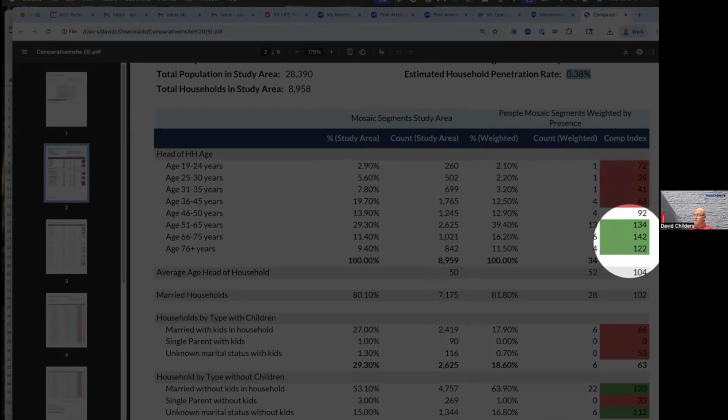But what do I want to focus on? I want to focus on the 51 to 65s, the 66 to 75s, even the 76 plus. So in that little neighborhood, I'm seeing where our likenesses are in that little study area. You with me so far? Is this making sense?